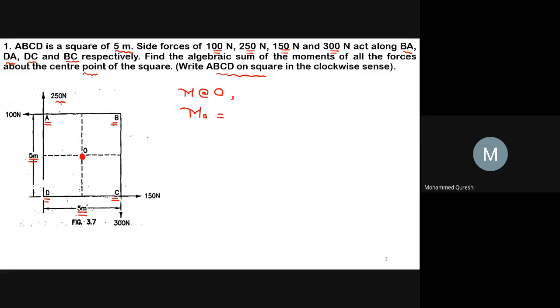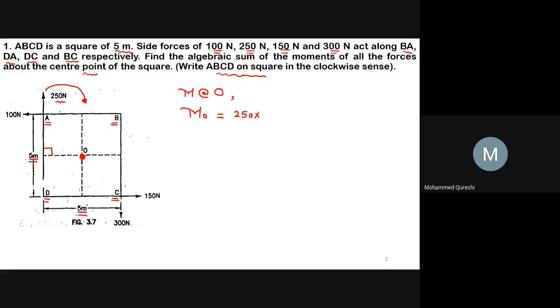So here the 250 Newton force will be closer to O point in this way. So I will write first force, that is 250 force into perpendicular distance.